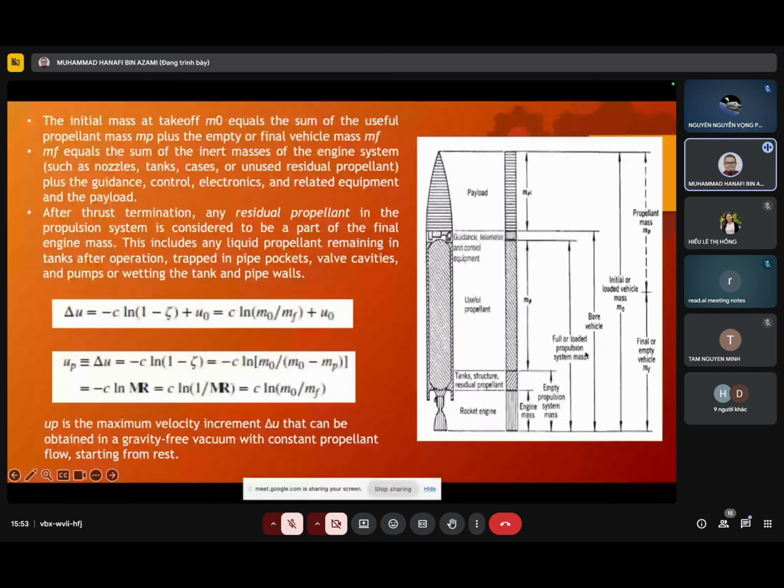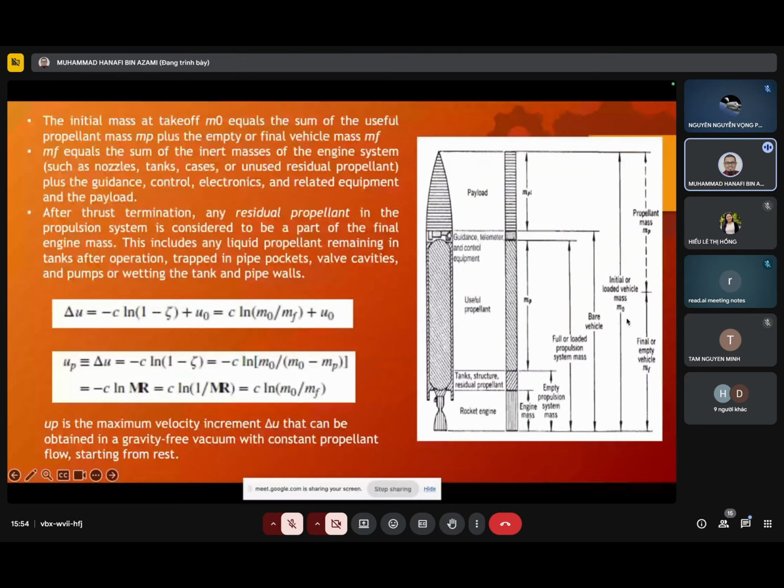So the full or loaded propulsion system mass is mp plus the empty propulsion mass. Bare vehicle is this one. Payload is the top one. So initial mass m0 is equal to mp plus mf vehicle.